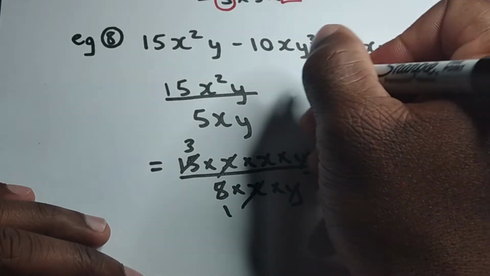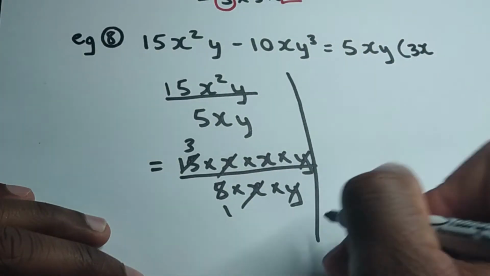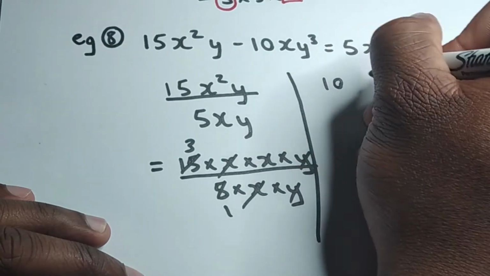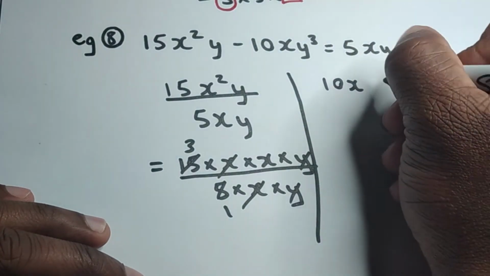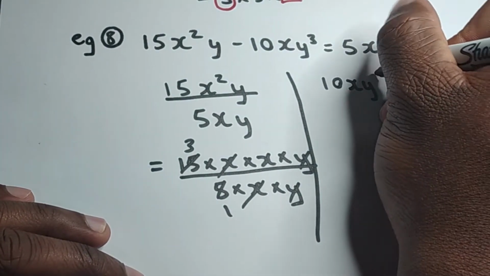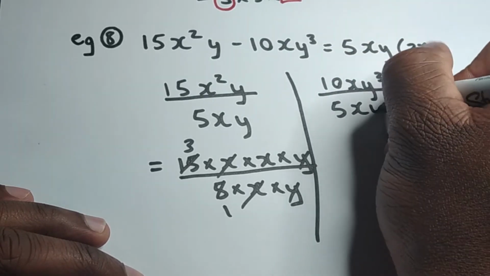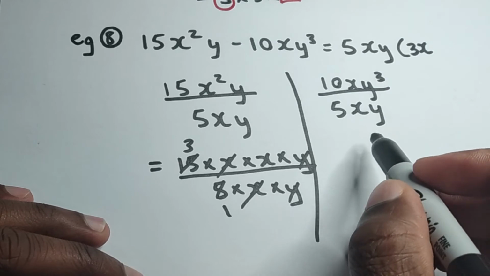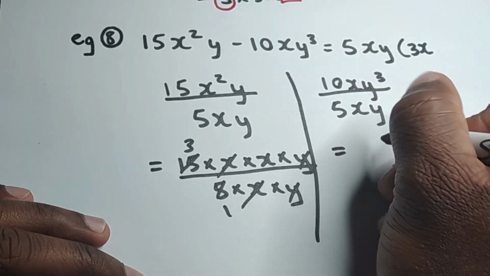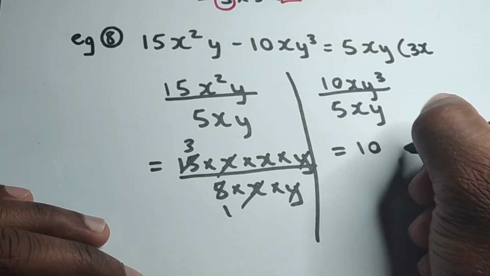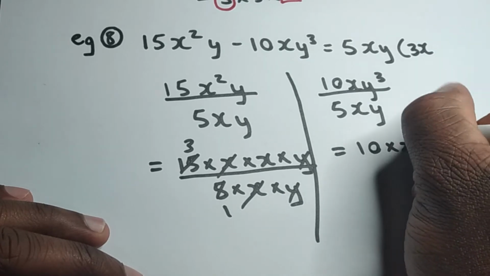And when we look over here again, we can divide this term by the highest common factor, which is the same 5xy, alright? And again, we can expand these things. So 10, this is the same thing as 10 times x.